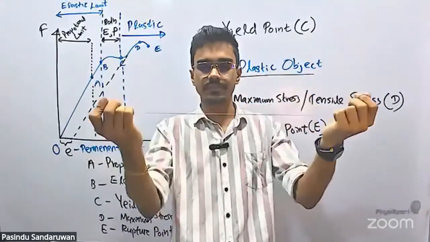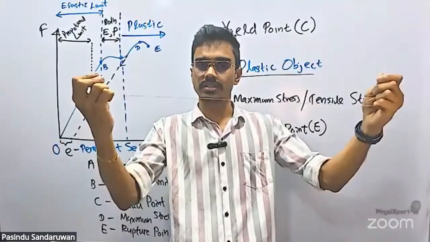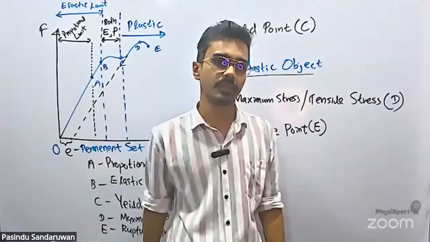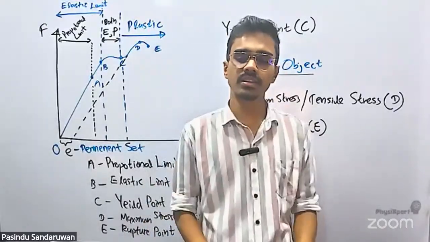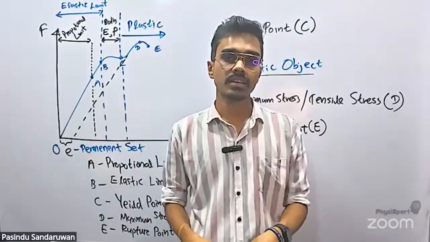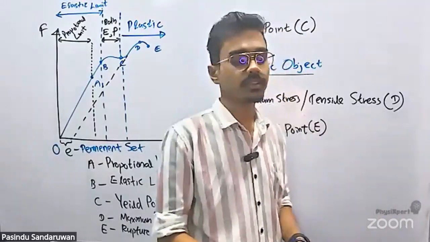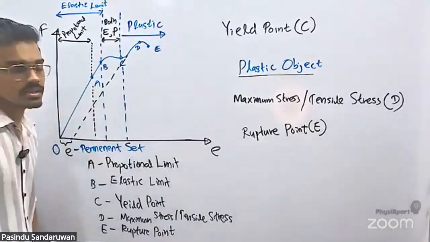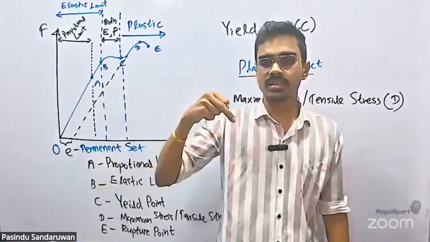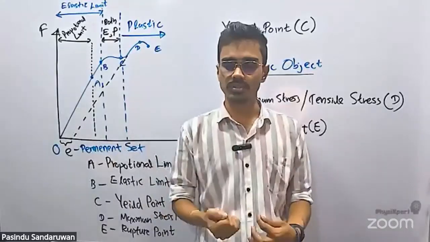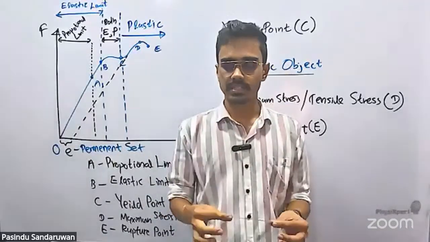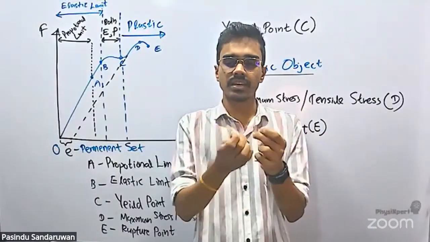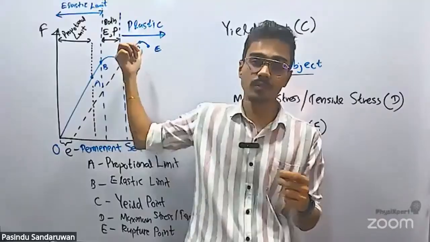When we increase this force further beyond the maximum force, it is going to rupture the material from a neck point. So when it's ruptured, the force needed is less than the maximum force, because it is already necked and breaks with a small force compared to the maximum force.